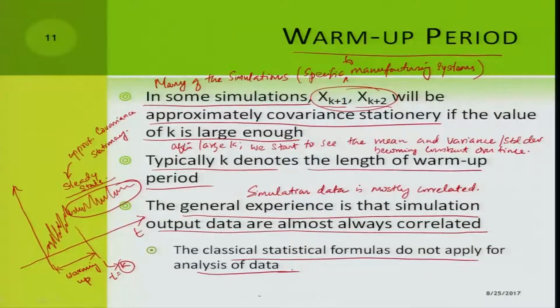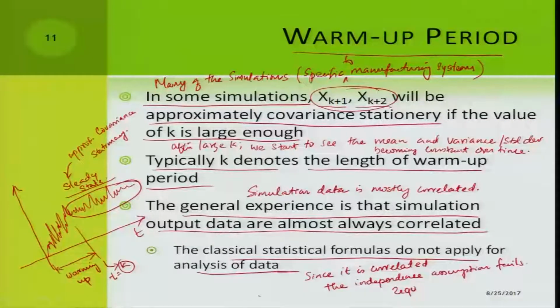Since it is correlated, the independence assumption fails.